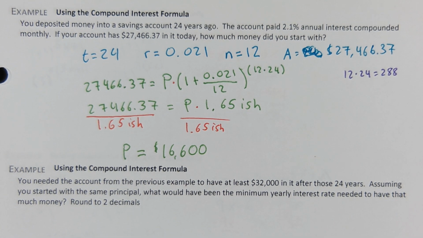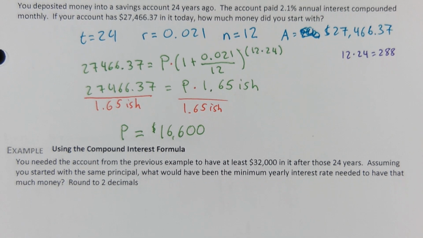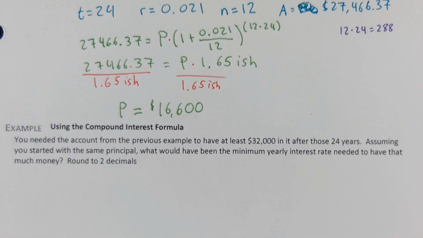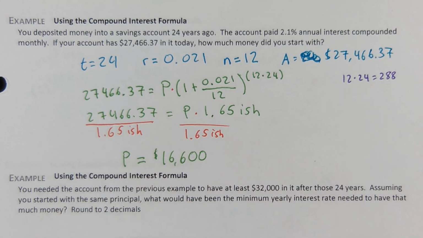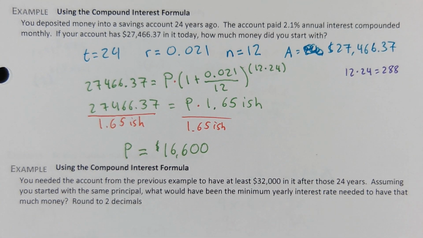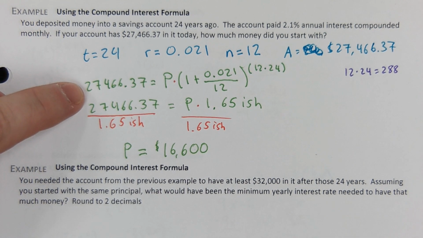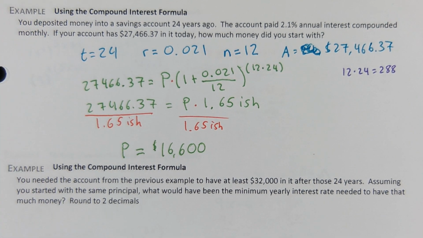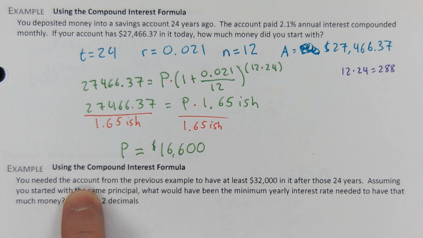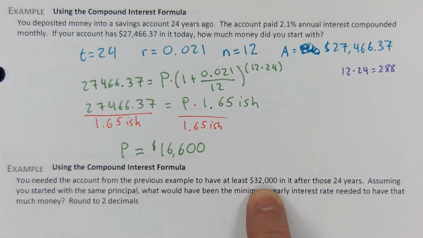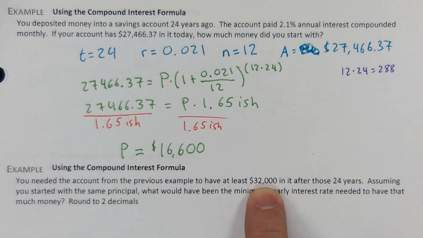And the last question is actually very related to this question. Here's what we know. After 24 years, this account had over $27,000. Unfortunately, you actually needed that account to have 32,000 in it after 24 years. So this account wasn't good enough.